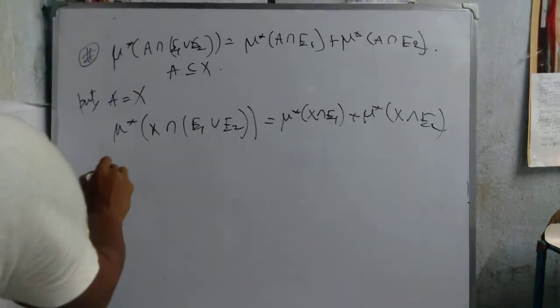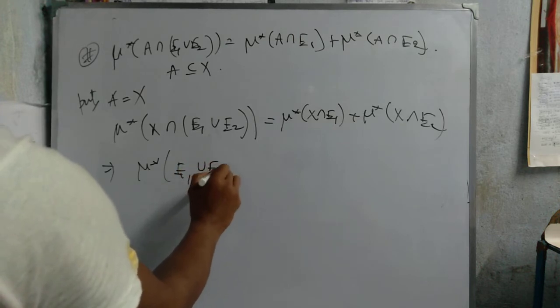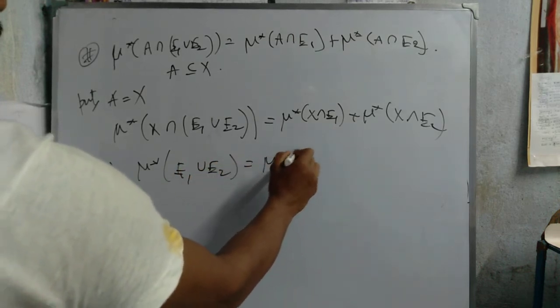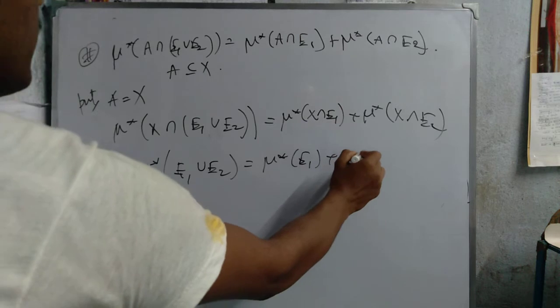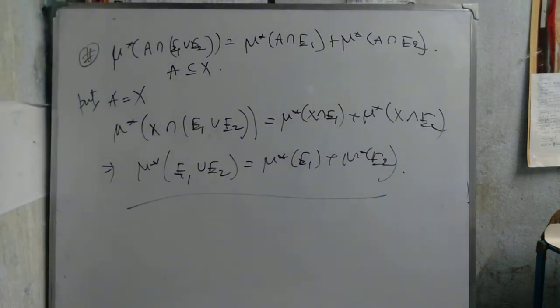Then what we get from here is this one. What is this property? This property is mu star of E1 union E2 equal to mu star E1 plus mu star E2. What is this? The finite additive property of mu star. Understand?